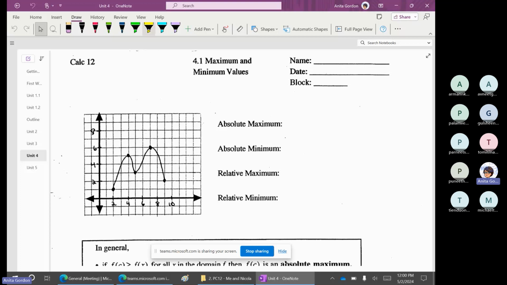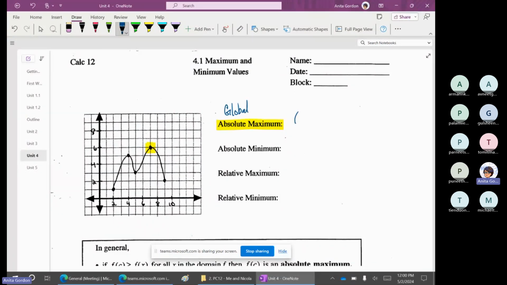So when we talk about an absolute maximum, another word that is often used for this is a global maximum. We're talking about the absolute top value of a given graph. So in the picture beside us, the absolute top value is this point right here. So this is an absolute maximum.